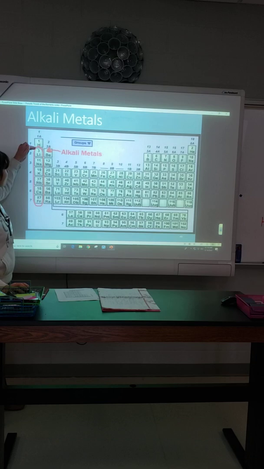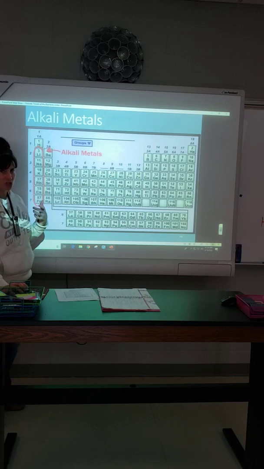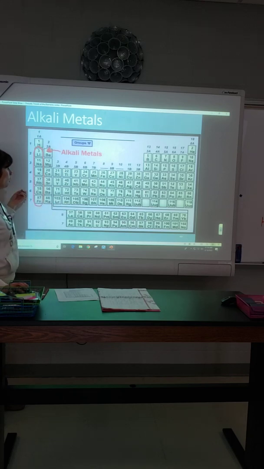Right here. Hydrogen, remember, hydrogen and helium are up there and they're islands kind of by themselves. They're where they are because of their number of protons, because their number of valence electrons, but they don't actually fit all the descriptions.